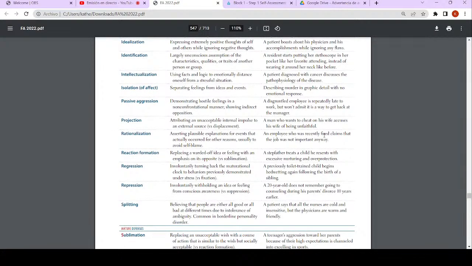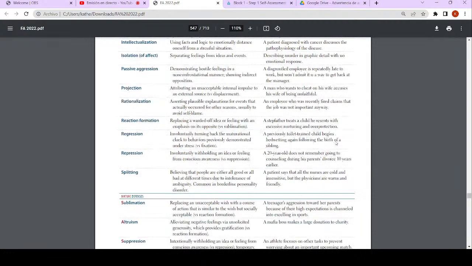Rationalization: an employee who was recently fired claims the job was not important anyway. This is immature because you're separating yourself from the fact that you probably did something wrong, to avoid self-blame.